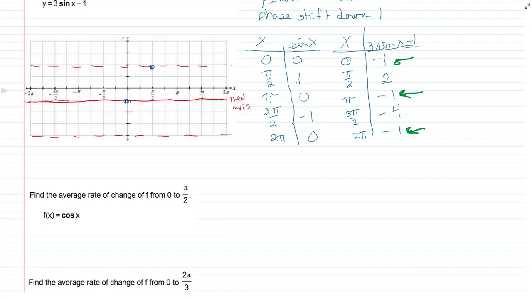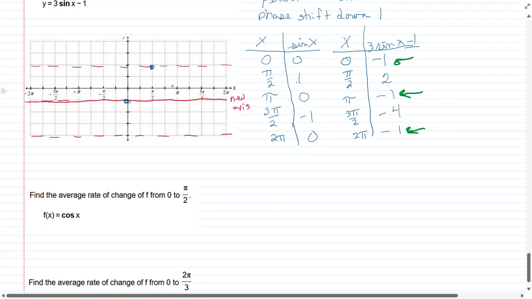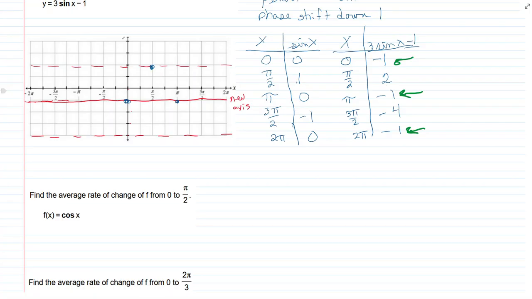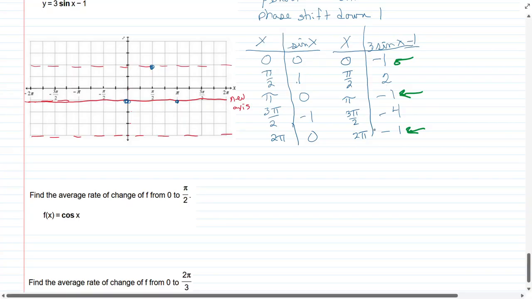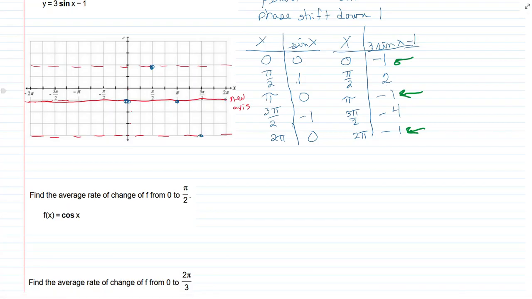At pi, I have a negative 1. At 3 pi halves, I have a negative 4. And at the other part, at 2 pi, I have a negative 1. So looky here. And then I'm going to do this guy over here.